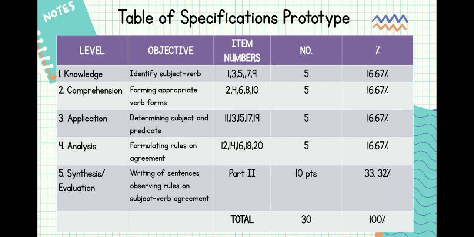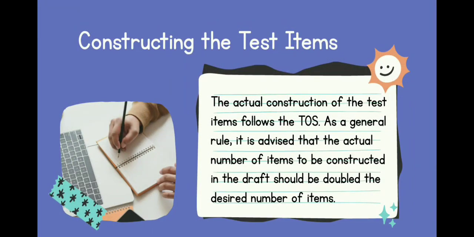As we can see, the TOS also ensures that each of the objectives in the hierarchy of educational objectives is well represented in the test. As such, the test constructed by the teacher will be more or less comprehensive. Without the table of specifications, the tendency for the test maker is to focus too much on facts and concepts at the knowledge level.